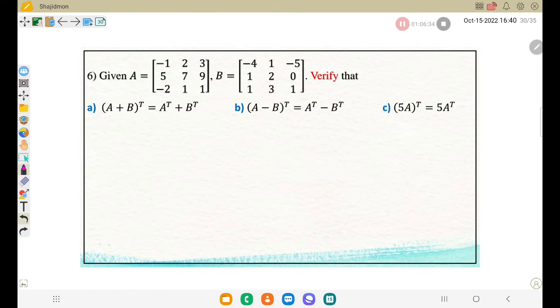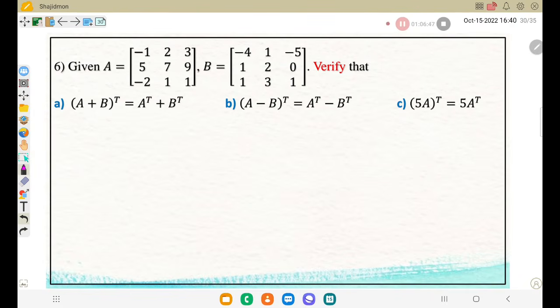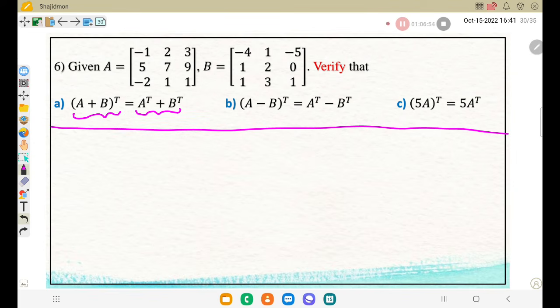Now next question. Go to this one. Given that A equal to this matrix, B equal to one matrix, verify that (A plus B) all transpose should be same as A transpose plus B transpose. Verify means this is the left hand side, this is the right hand side.